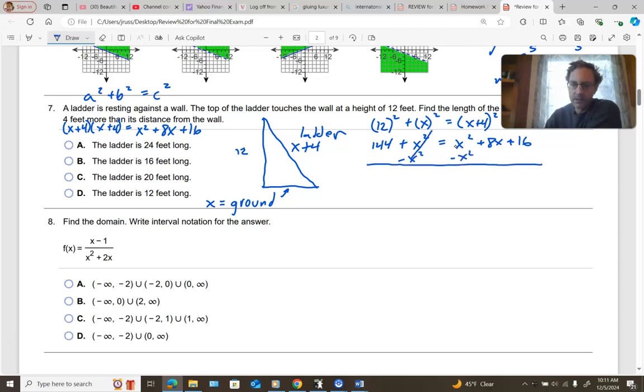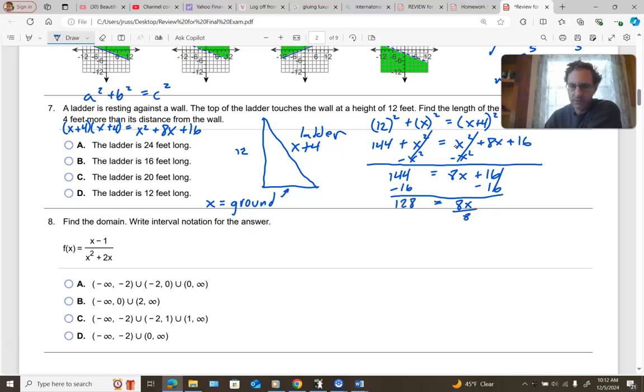They end up disappearing, so we end up with just a linear equation. So we solve this for x. I'm going to subtract 16 from both sides. This will leave me with 8x is equal to, oh, what's that? I think it's going to be 128.